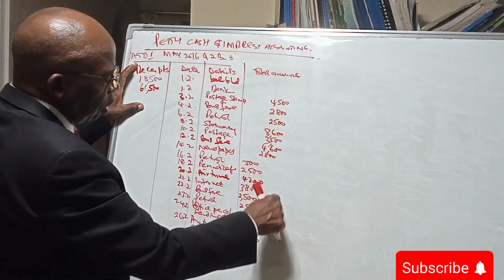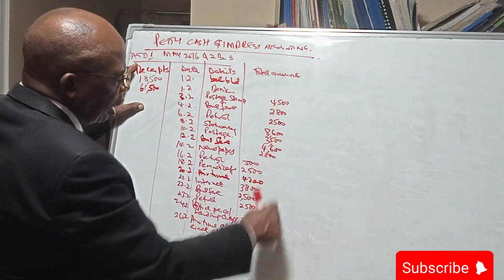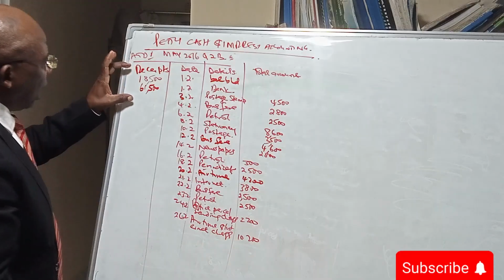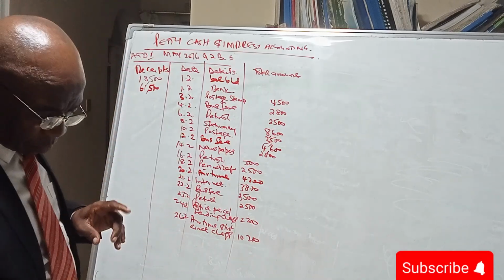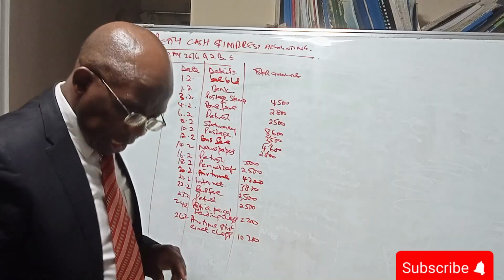We need to get more money equivalent to this amount so that the balance here remains 80,000.